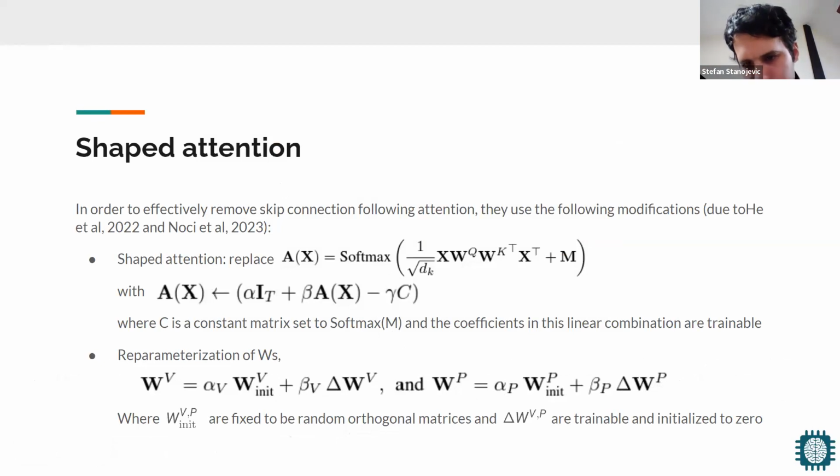Similarly for WP, there is WP initial and delta W. And so WV initial and WP initial, they fix them to random orthogonal matrices.